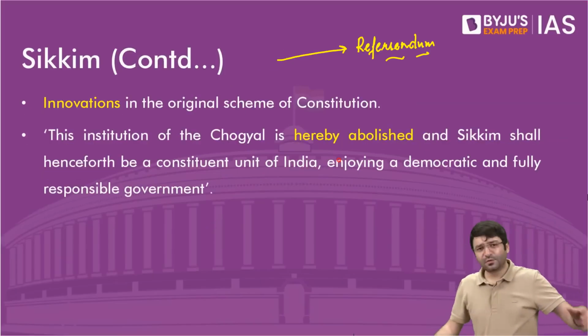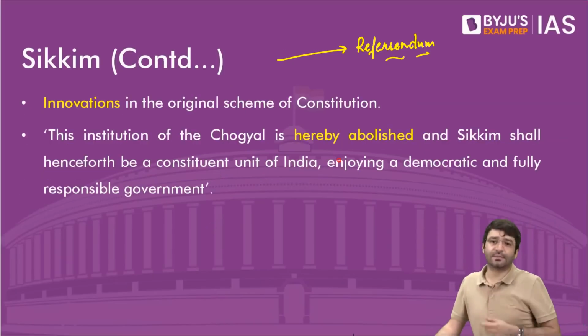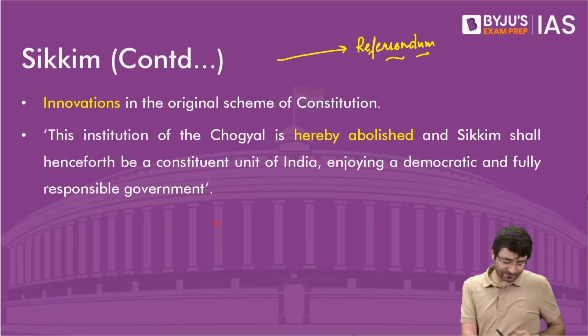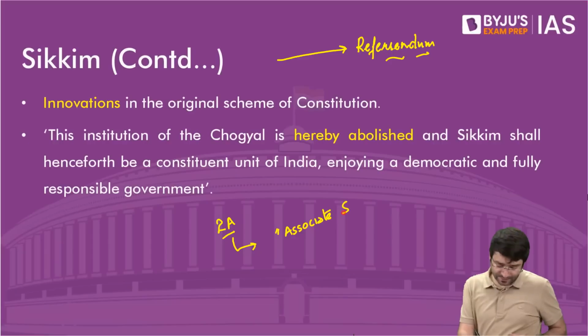The 35th Amendment was replaced with the 36th Amendment. So there was Article 2 capital A, which made Sikkim an associate state.